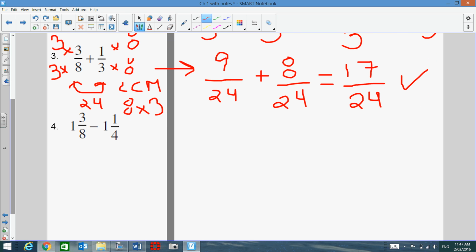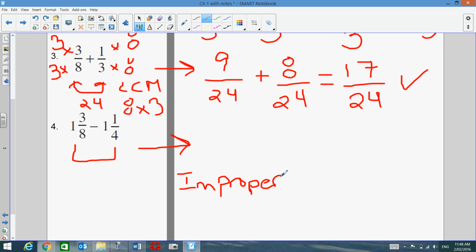Last but not least, this one, again, I have a mixed number, so I want to switch this. So I have two improper fractions first. So first, let's change to improper. Okay, so again, we're changing from a mixed number to an improper number. So 8 times 1 makes 8, plus the 3.